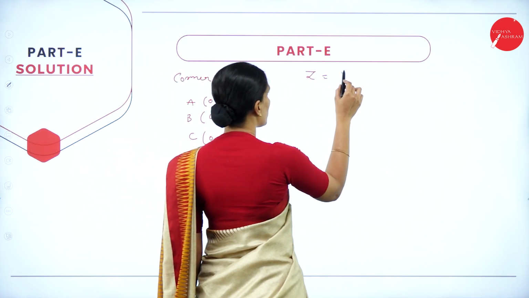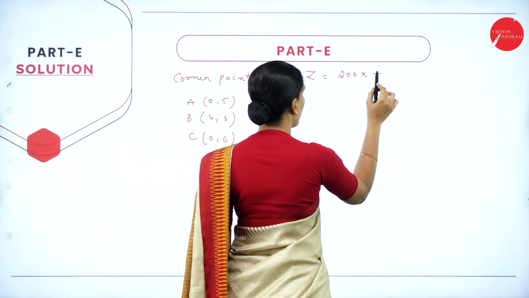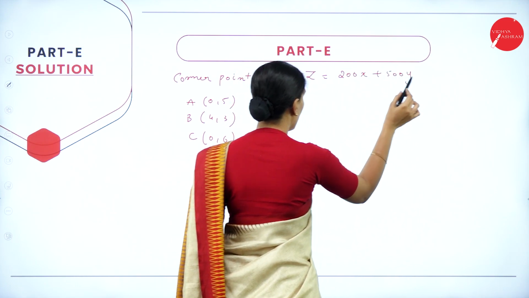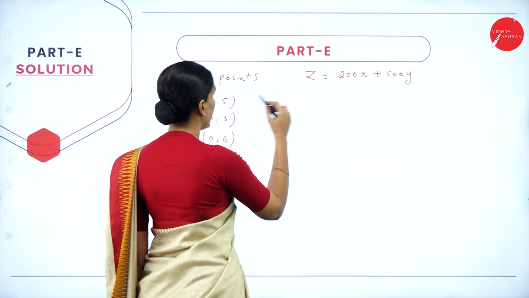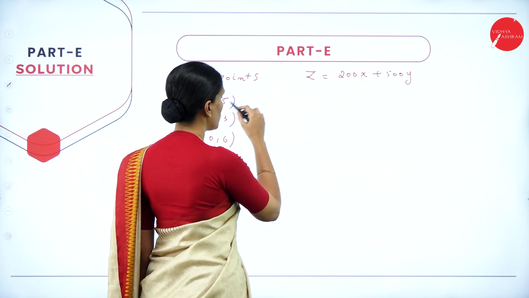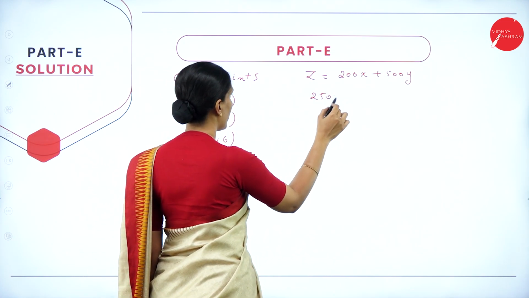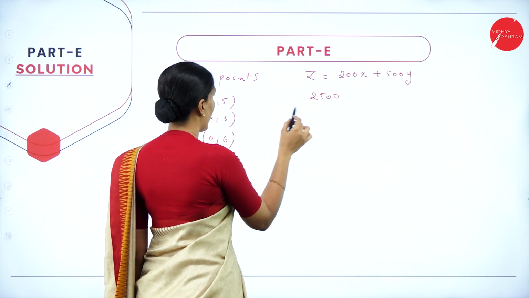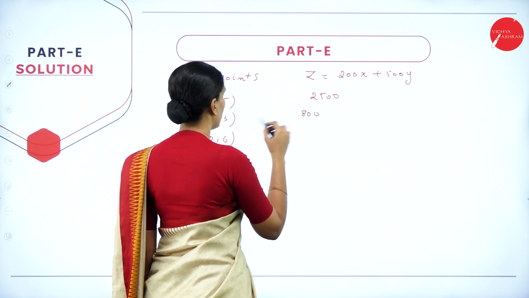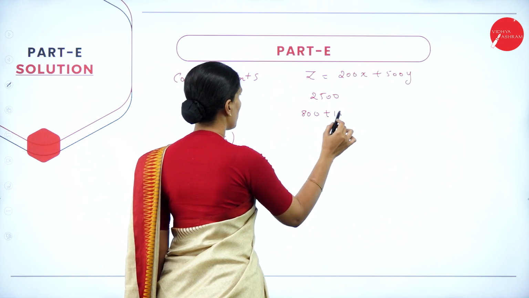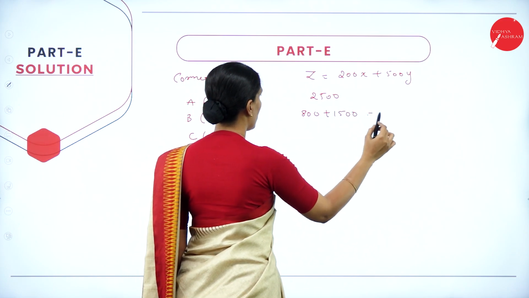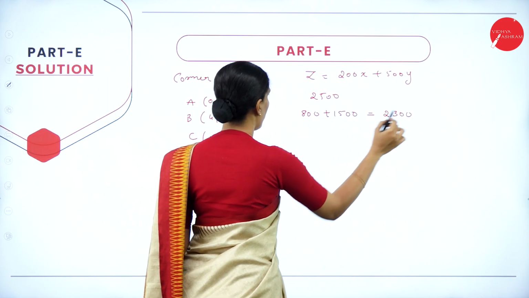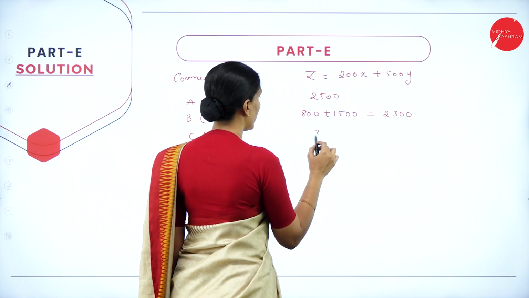Now my linear function is 200x plus 500y. Let's substitute these values. Here x is 0, so the value is 2500. Then it is 800 plus 1500, which is equal to 2300. And here it is 3000.